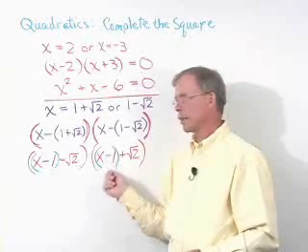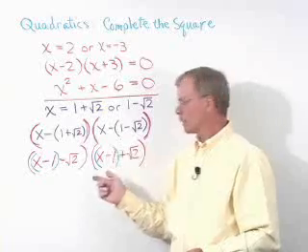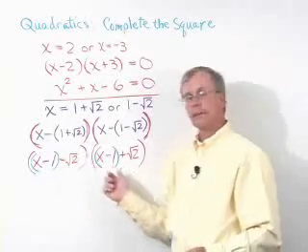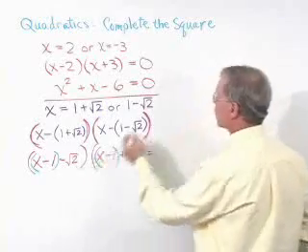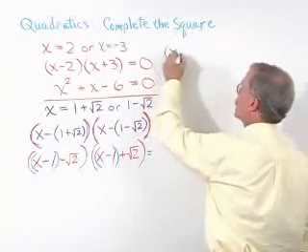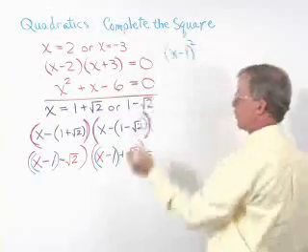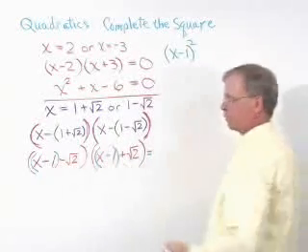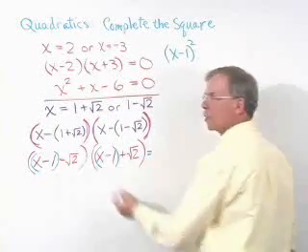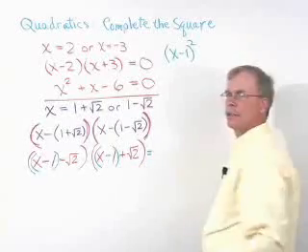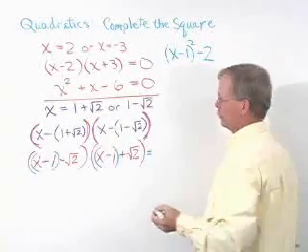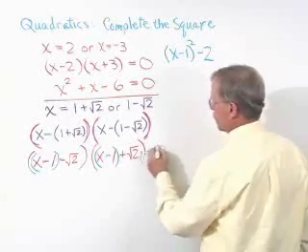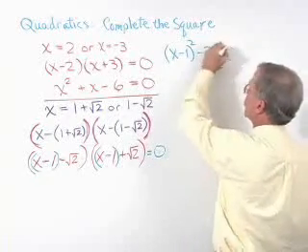So when I multiply these together, I'm going to get the difference of two squares. That is, I'm going to have (x minus 1) squared, and then negative square root of 2 times positive square root of 2 is minus 2. And all this is going to be equal to 0.